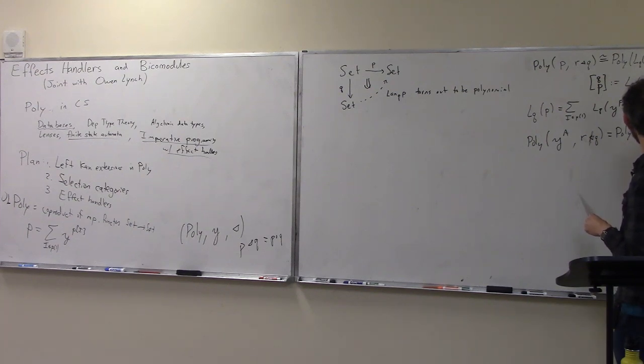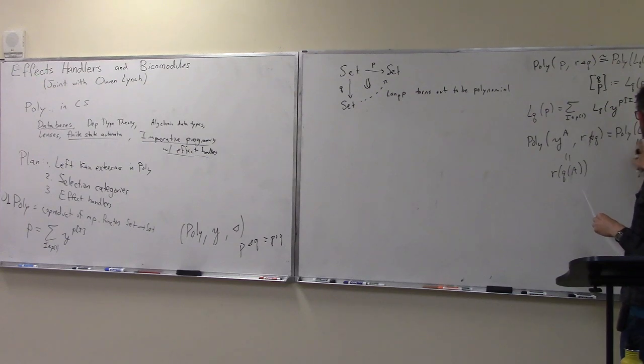But this one, by the Yoneda lemma, is R of Q of A. And this one, I just set LQ of y to the A to be y to the Q of A. Because if I made this thing y to the Q of A, then by the Yoneda lemma again, I would get R of Q of A here and here.